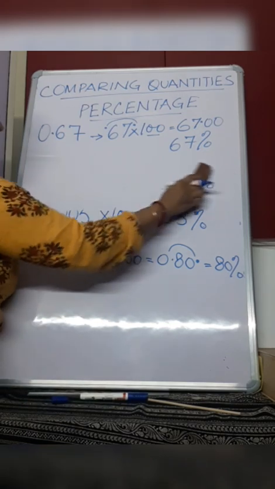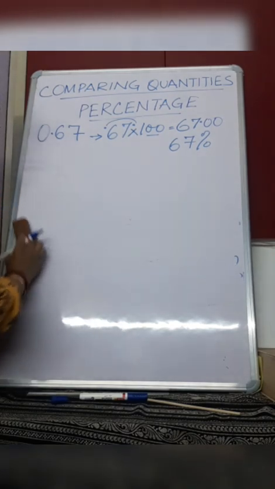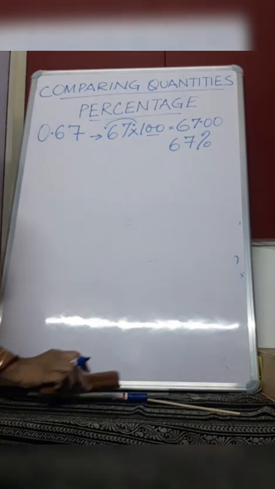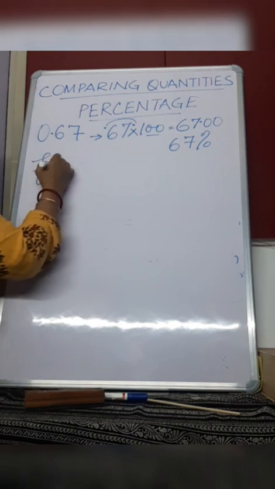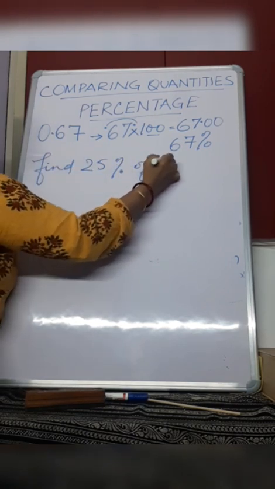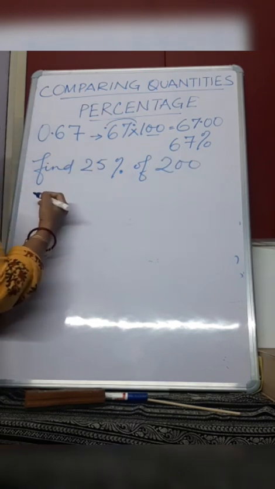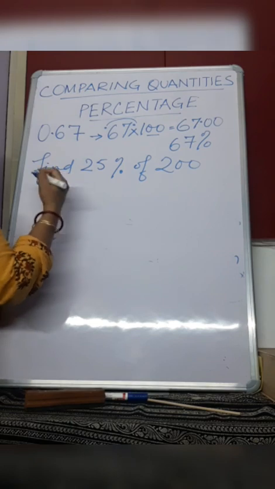Now let's take some questions and solve it. The question says find 25% of 200. So what should we do?